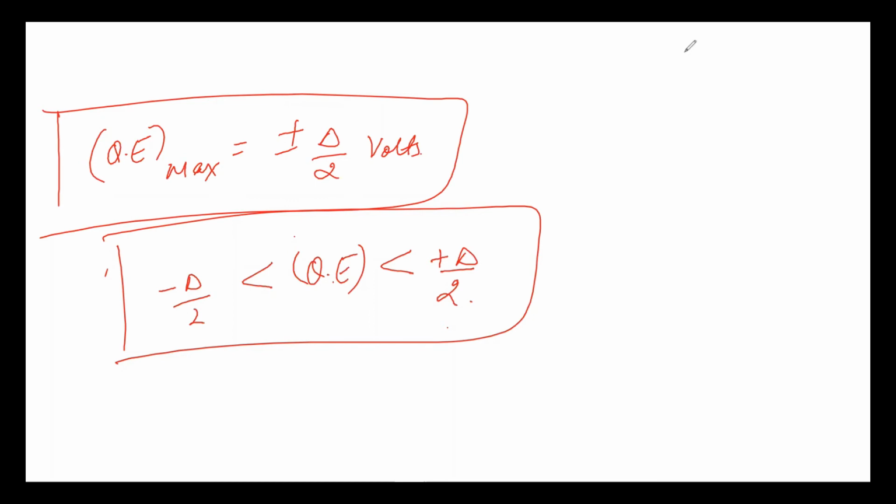Write down one question. First question. A message signal is given as 10 cos 2 pi into 10 to the power 4 t. So this is my message signal, which is m of t.